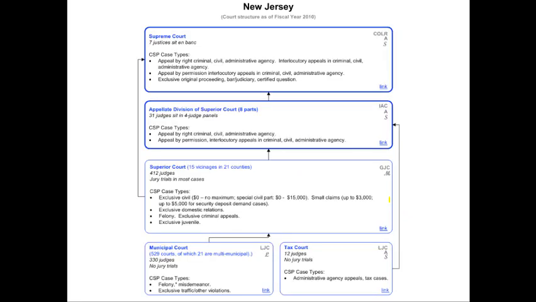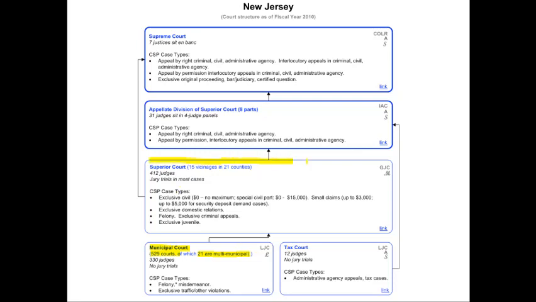Here's the state court system of New Jersey. Down here you've got municipal courts, and there are 529 of those courts. We do know that there are 21 counties in New Jersey, so 21 of these are multi-municipal, which are probably county level. Also have some tax courts.